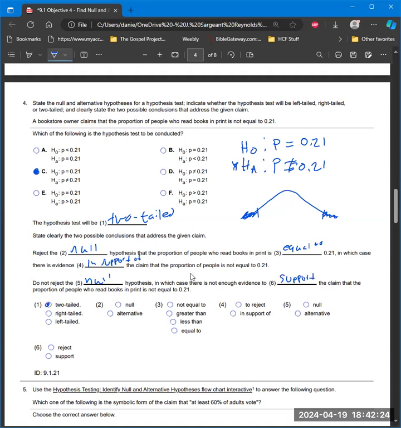So this is two-tailed, null, equal to, in support of, null, and support.